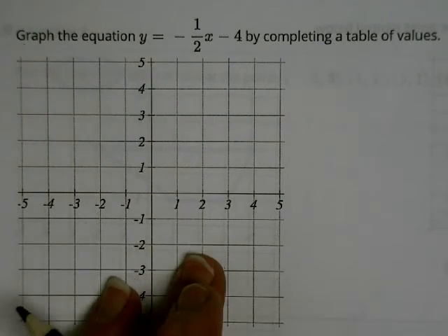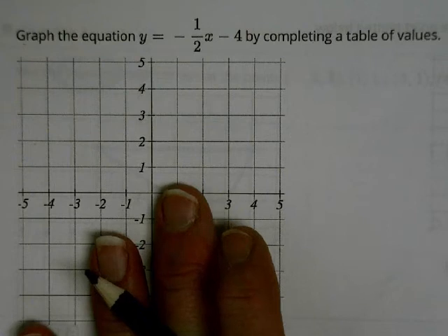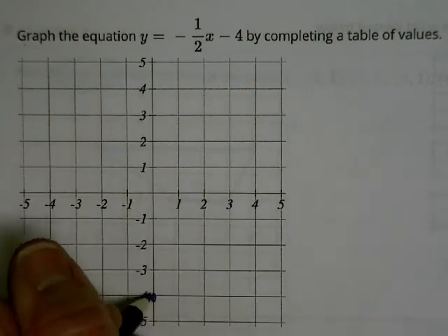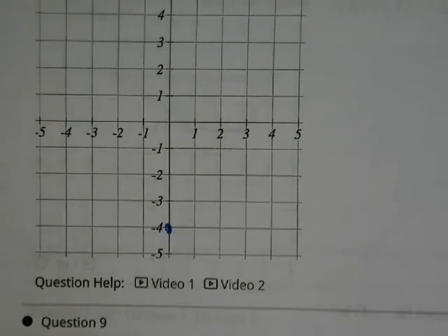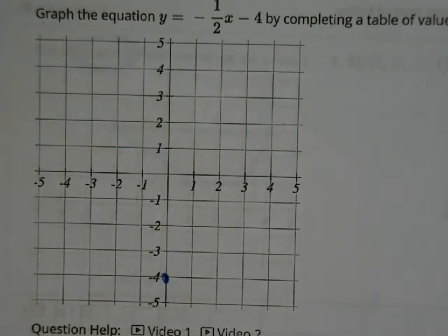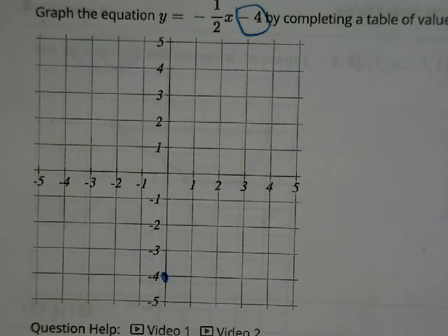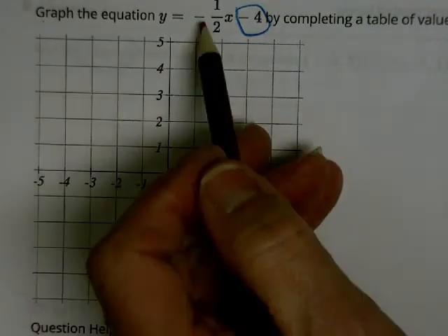And you won't have to, if you want to use the y-intercept of -4, see that? And then you can go down one. Yes, is this number 8? This is number 8, yeah. Then you can go down 1 and run 2.